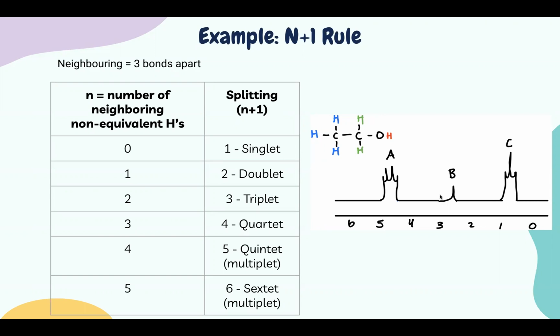This example I was just using to show you how many peaks you would expect and how they would split. If you were to calculate the degrees of unsaturation for ethanol, it would be 0 because there's no double bond and no ring, since it's 2 carbons. So the O doesn't count at all.